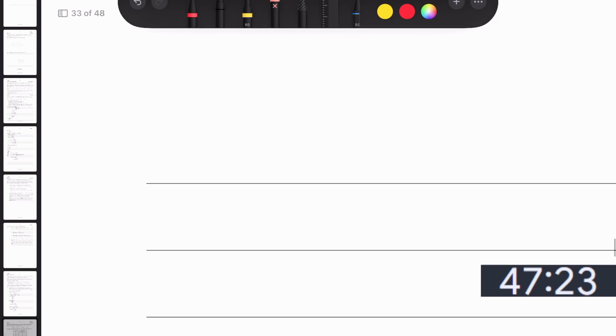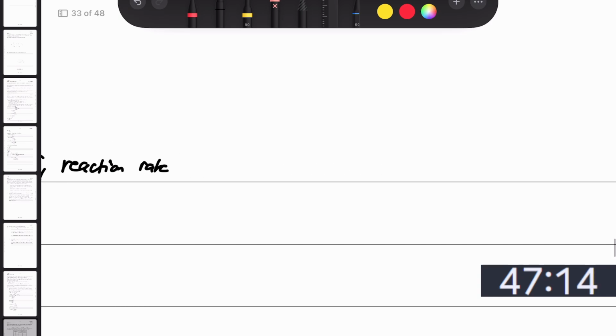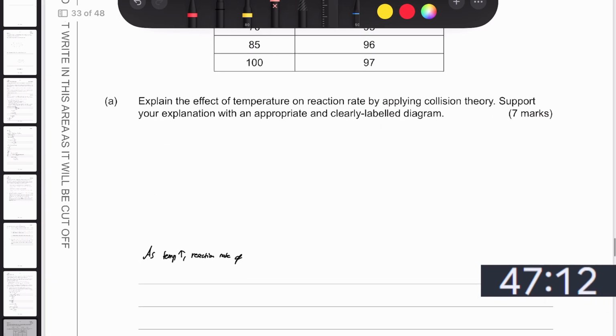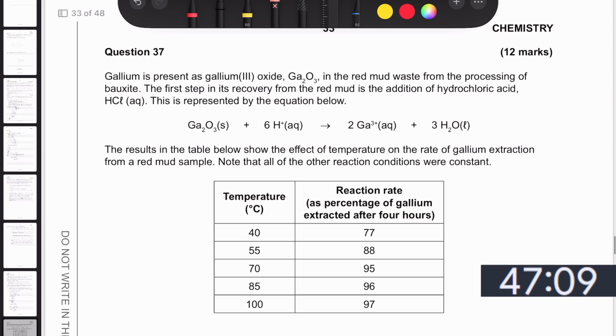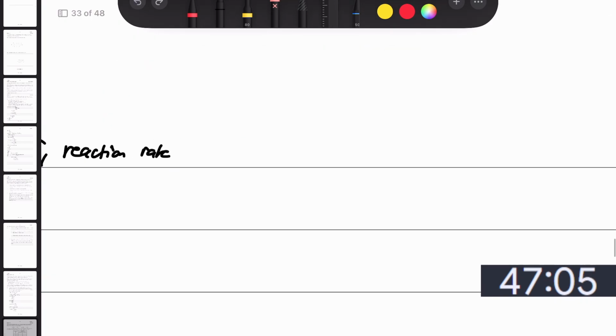So I'm going to do my explanation first. As temp increases, reaction rate of gallium recovery also increases.